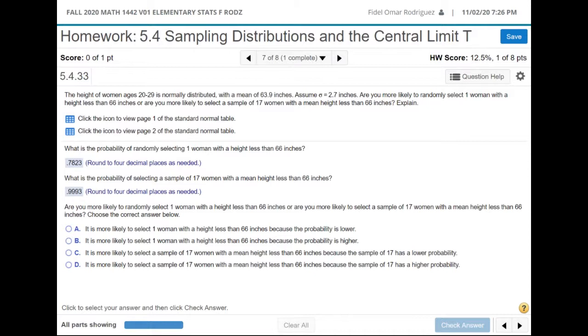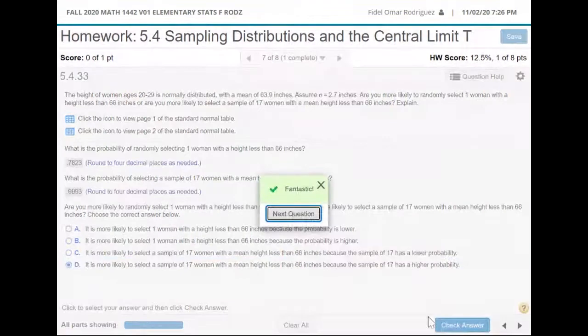No, it's not a lower probability. It's actually a higher probability, right? So it's more likely to select a sample of 17 women with a mean height of less than 66 because the sample has a higher probability. And then I would check my answer, and it would tell me fantastic. And so we know that we figured it out.